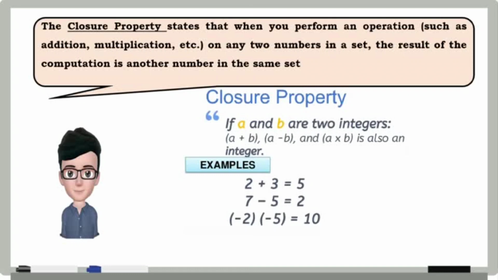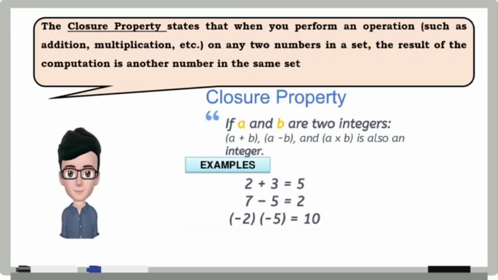Kapag meron kang dalawang set of real numbers, for example, integers, inadd mo sila, sinubtract mo, tinimes mo, ang magiging sagot ay integer pa rin. Examples, 2 and 3 are integers. 2 plus 3 is 5 and 5 is an integer. 7 minus 5 equals 2 and 2 is an integer.